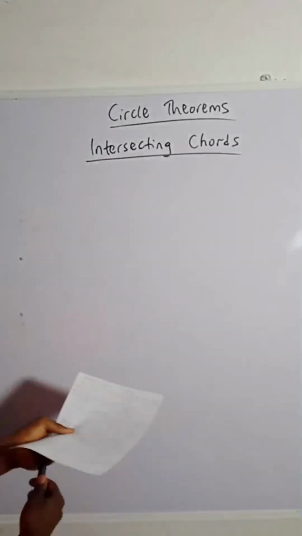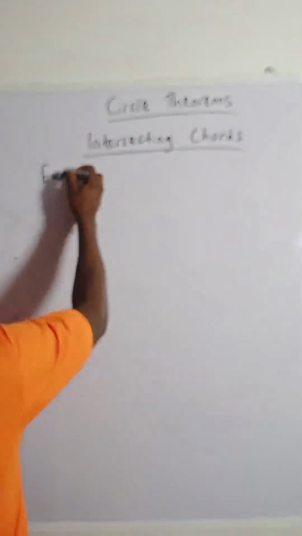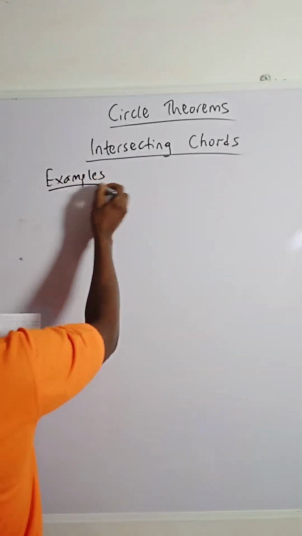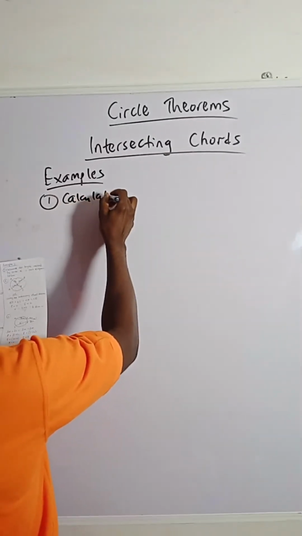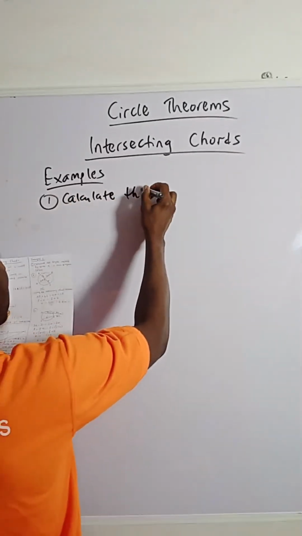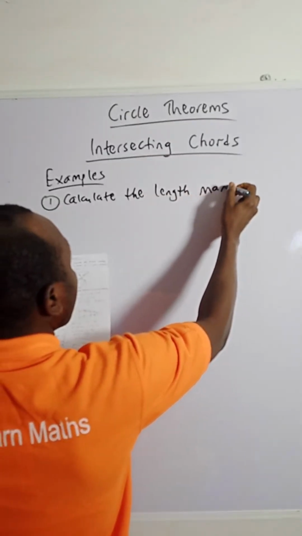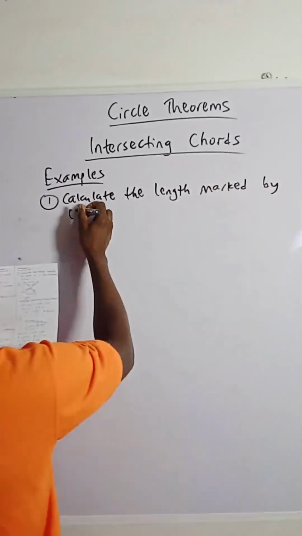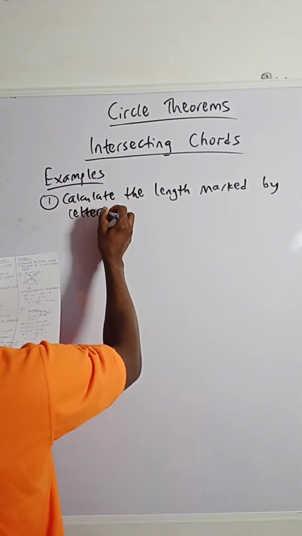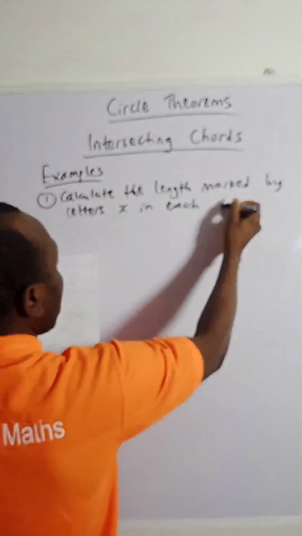Okay, let's look at some examples. Number one, calculate the length marked by letters X in each diagram below.